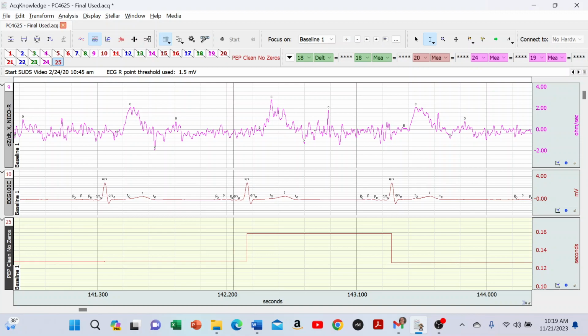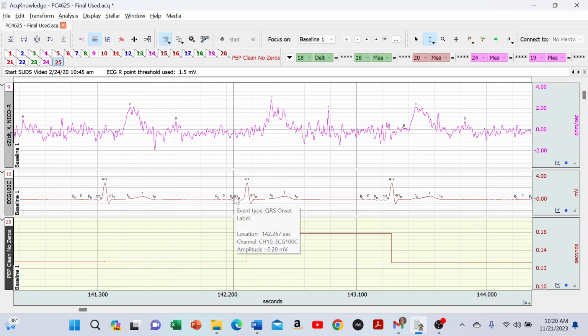There's a second point in calculating PEP, and that's the QRS onset. You'll see with these cleaner, more baseline values, the O is really beautifully in the notch of this ECG signal here. Whenever it bumps up, the O is very much displaced off from here.